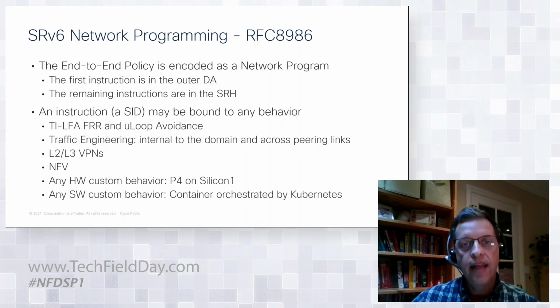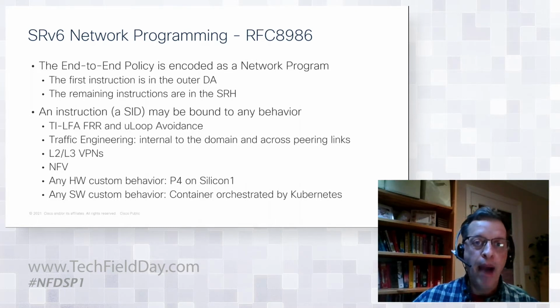What are the instructions? The instructions can be anything going from a forwarding semantic, like a fast reroute TI-LFA backup path. It could be a microloop avoidance path. It could be enforcement of a waypoint to achieve an internal traffic engineering policy, or even across the network when you are leaving, such as a peering policy.